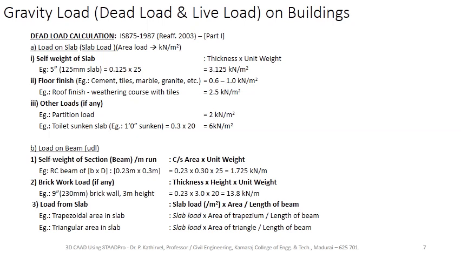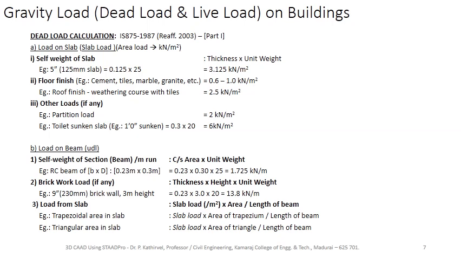In this, dead load calculation is based on IS 875 Part 1, where the load includes the self weight of the member, floor finishes, other loads like partitions or fillings, brickwork load if any, and any other permanent loads.